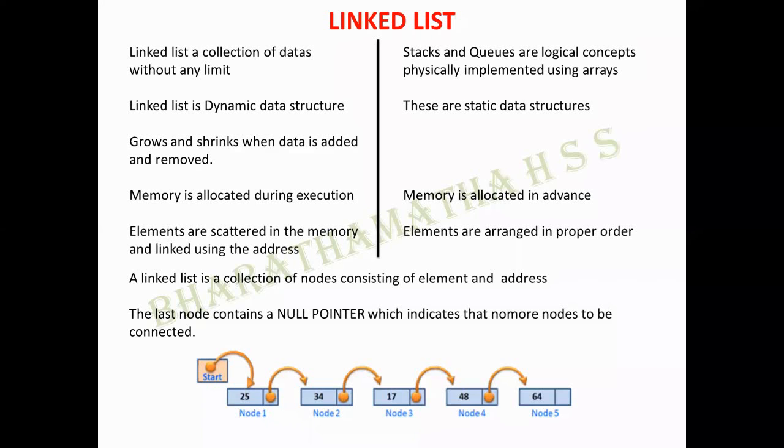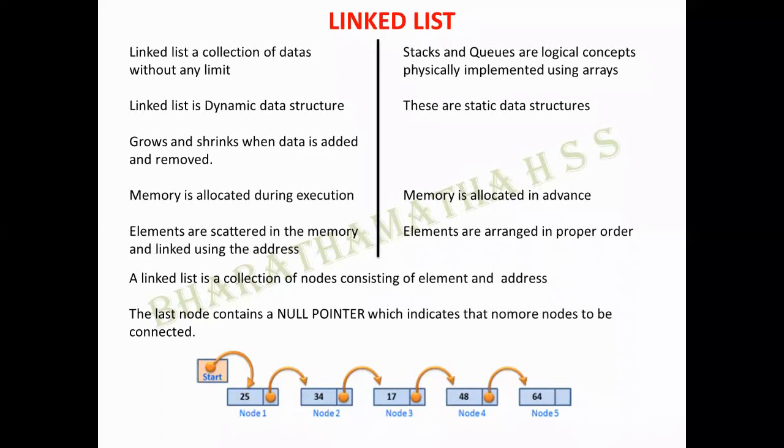Otherwise, you can remove the data whenever you want, from whichever position you want. There is no compulsion that the data must be added at a particular position, that is, only towards the ends. You can add the data even in the middle.